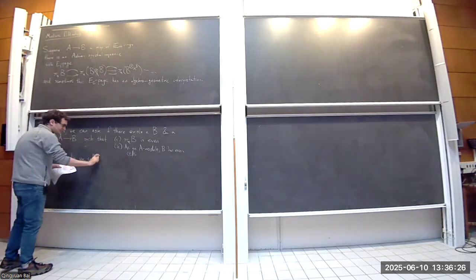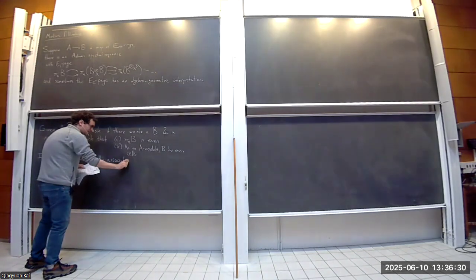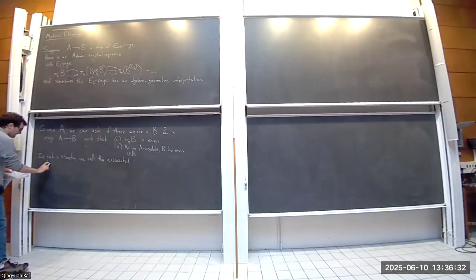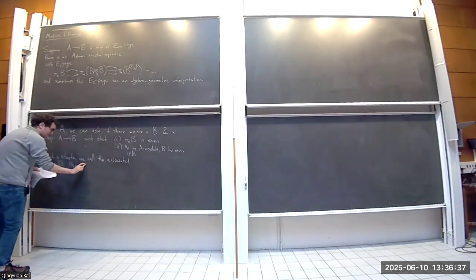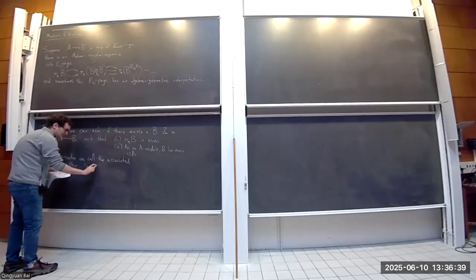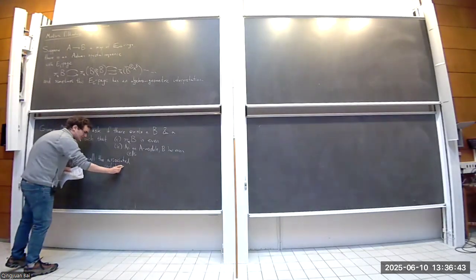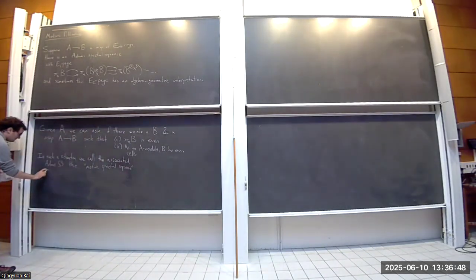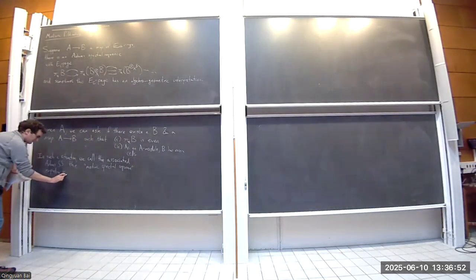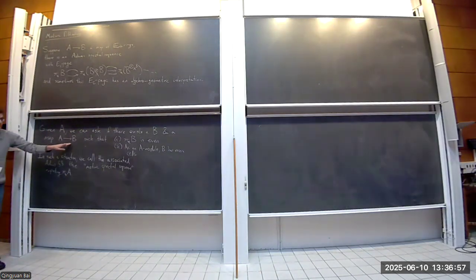So in such a situation, called the associated Adams spectral sequence, the motivic spectral sequence computing pi star A. So a couple of remarks about this.